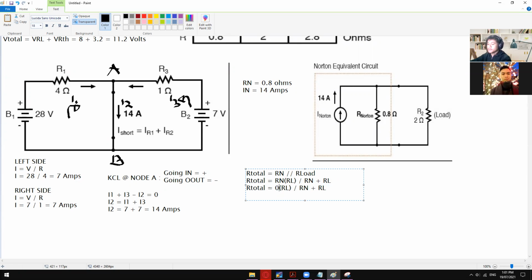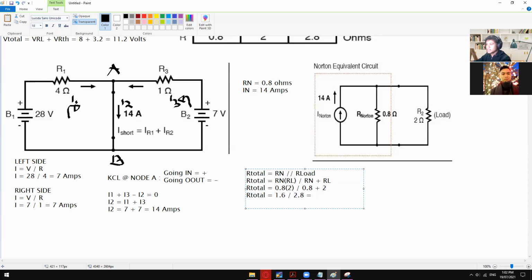So just apply the rule of parallel connection for solving the resistance. Rn is 0.8, and then RL is 2. From here, we can now solve that this one is 1.6. Is that right? 0.8 times 2, yeah, 1.6. And then 2.8.